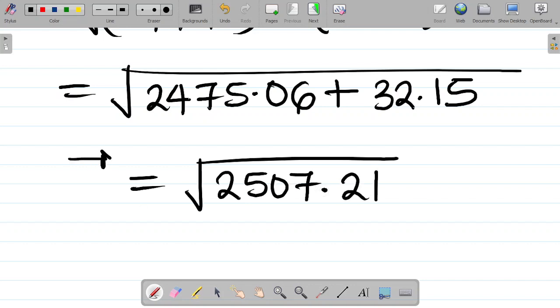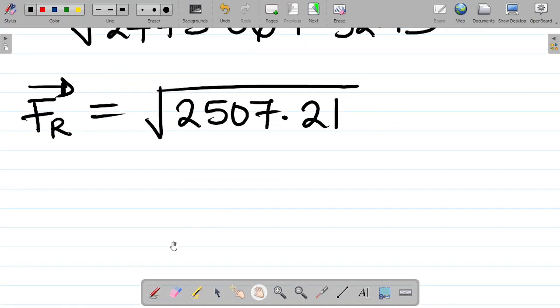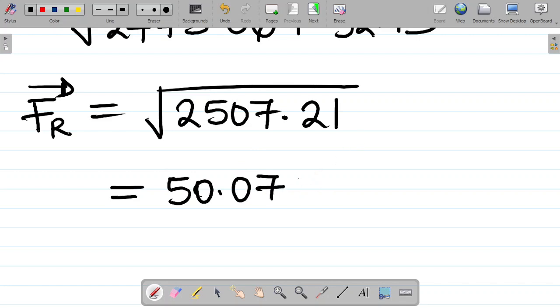So the resultant force Fr will be equal to the square root of this answer, the square root of 2507.21. The answer there is 50.07 in two decimal places. Note that this value would be in Newton because it's force, and it will not come with I or J. It's just 50.07 Newton. This is the value of the resultant force, that's Fr.